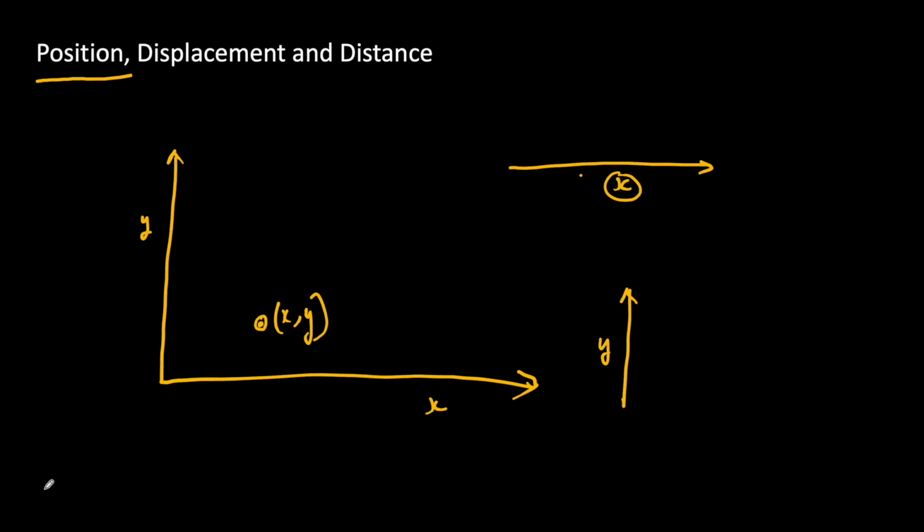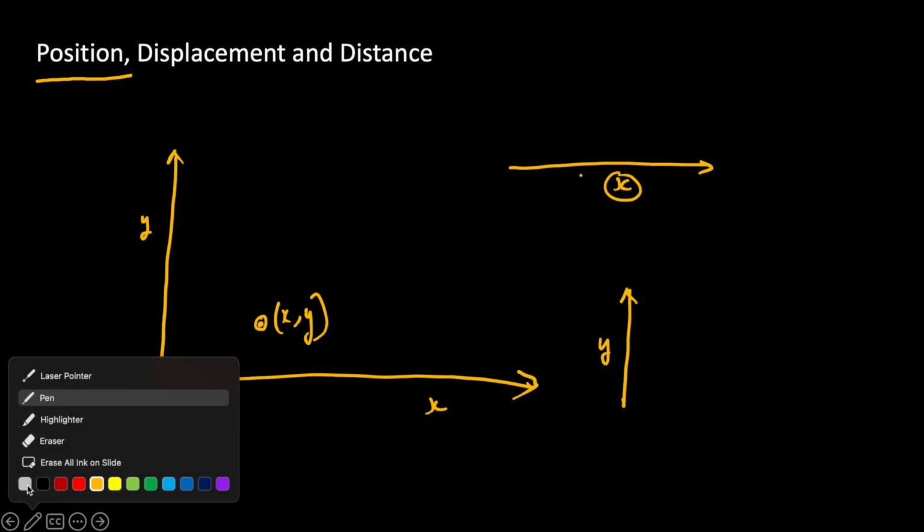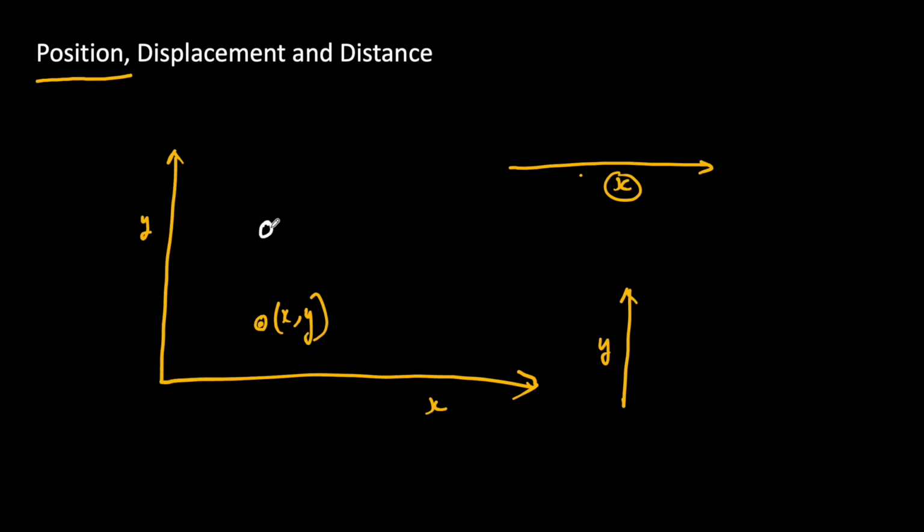Okay, here we are, let's see a particle, a body here. It's in a 2-dimensional plane. Its position could be marked as, say, x1, y1. After some time it reached here, which is x2, y2.